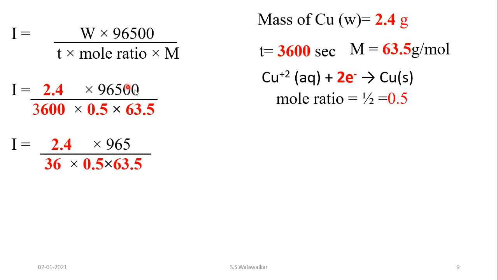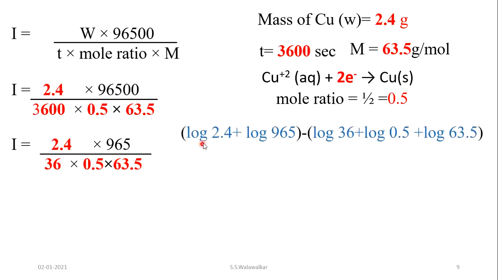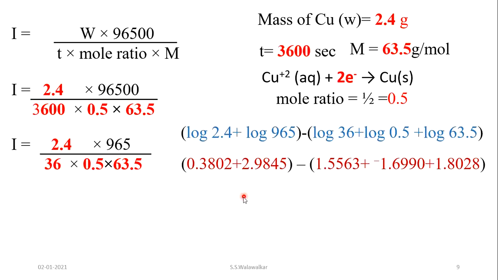So here 0 cancel, so 2.4 into 965 divided by 36 into 0.5 into 63.5, that is log of 2.4 plus log of 965 minus log of 36 plus log of 0.5 plus log of 63.5, and this log of 2.4 is 0.3802 plus log of 965 is 2.9845 minus log of 36 is 1.5563 and log of 5 is bar 1.6990. Log of 63.5 is 1.8028.